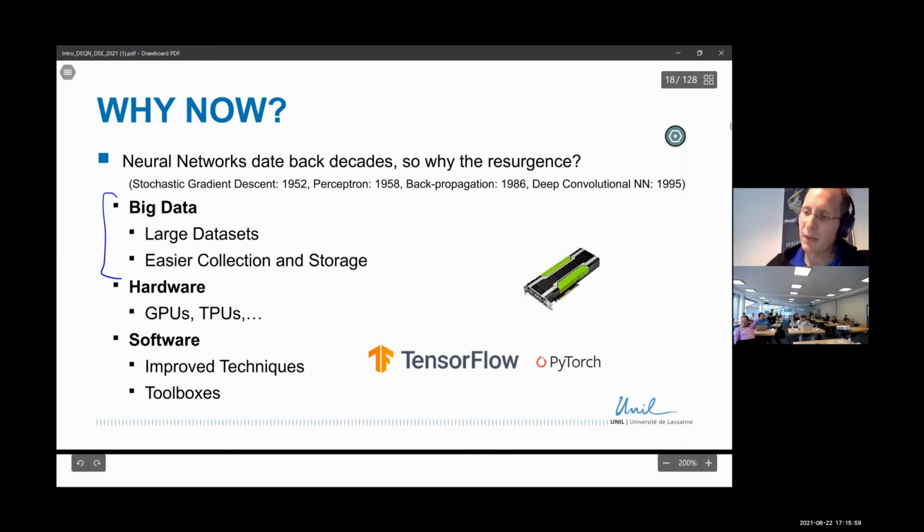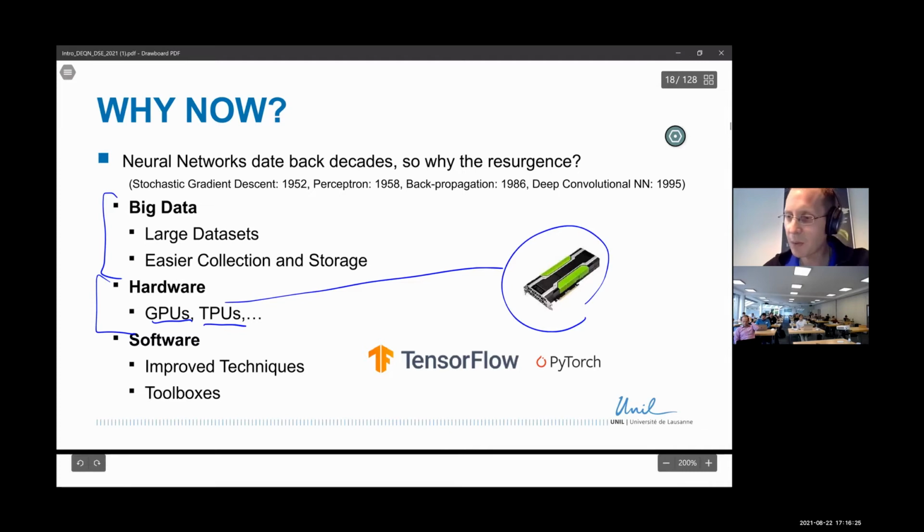One is the availability of data. The second one is the special purpose hardware that can train and evaluate neural nets. That would be GPUs and TPUs, because as you will see, most of the operations that you perform on neural nets are matrix vector operations. So dense linear algebra is optimally suited for GPUs.